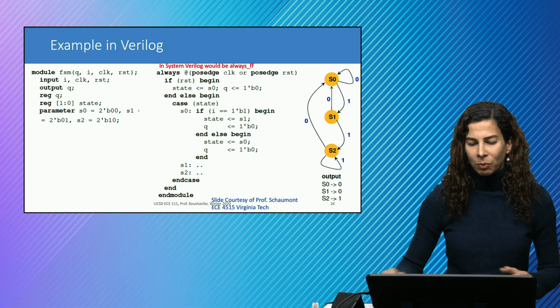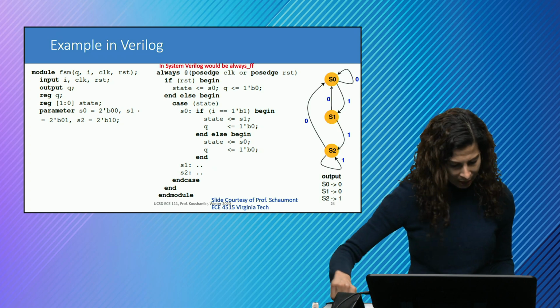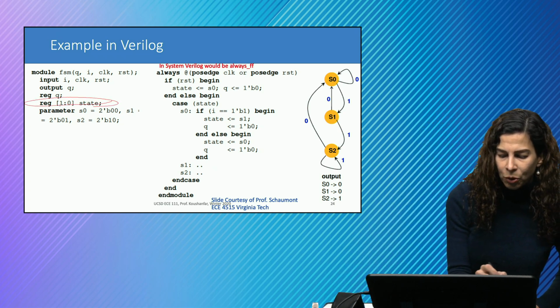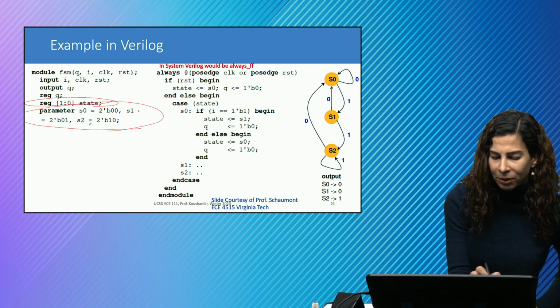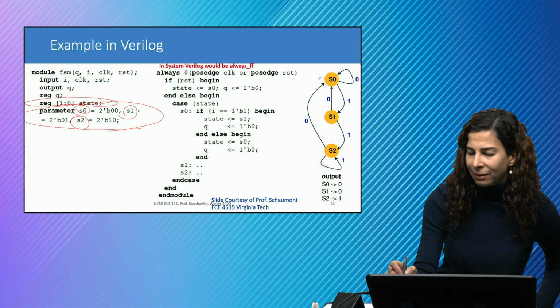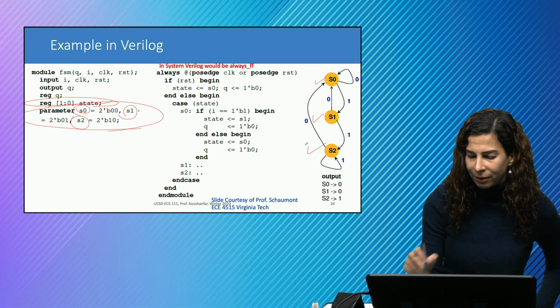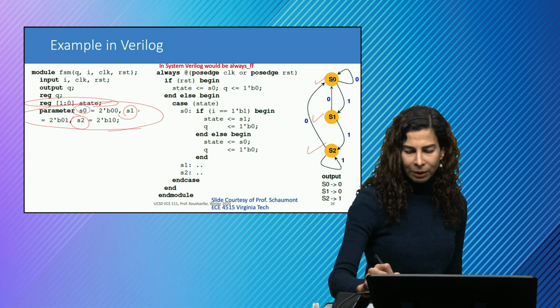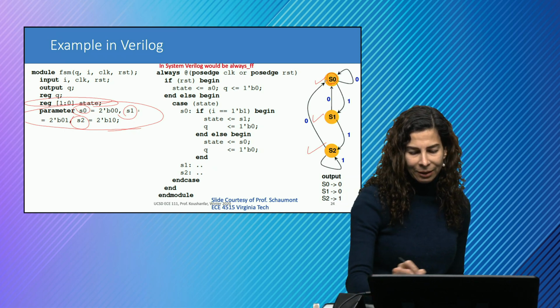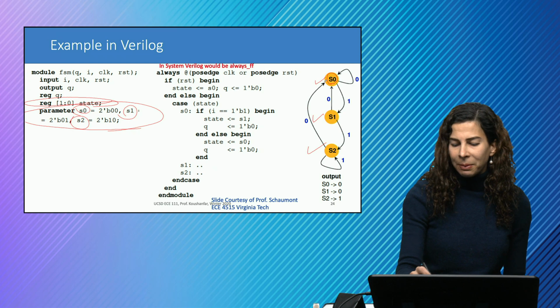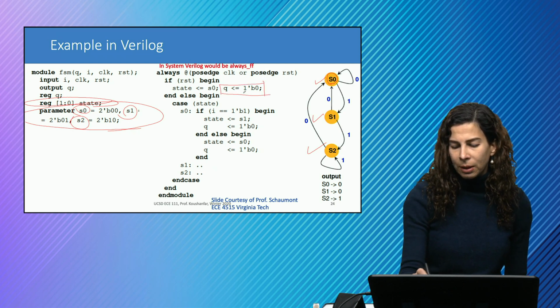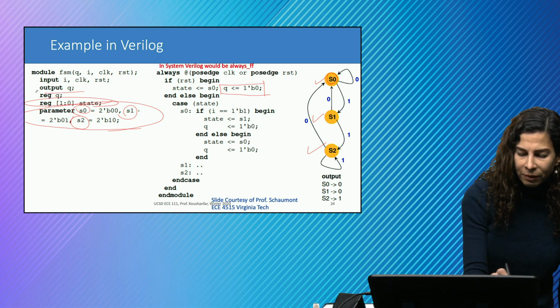Here we define the state register, which is 2 bits, and we have the parameters which define states S0, S1, and S2 as shown on this finite state machine. If you're in a reset state, we stay in state S0, and the output is going to be 0. The output is Q here.